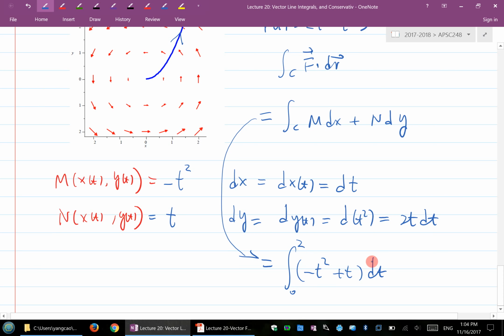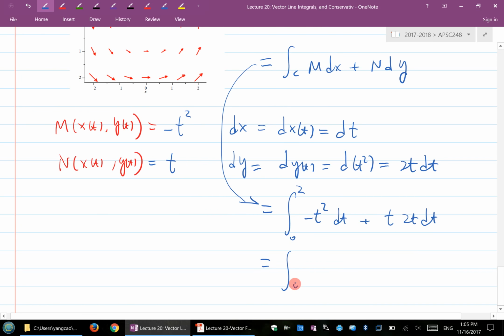Let's write it one more step. M is negative t squared, right? What's dx? dx is dt. What's N here? N is t. What's dy here? It's 2t dt. So altogether, you get the integral of negative t squared plus 2t squared, dt. So cancel one t squared, it becomes t squared, and you end up with 8 over 3.